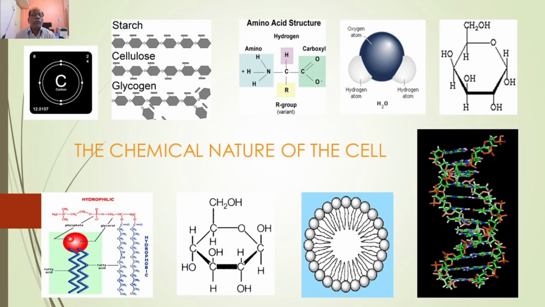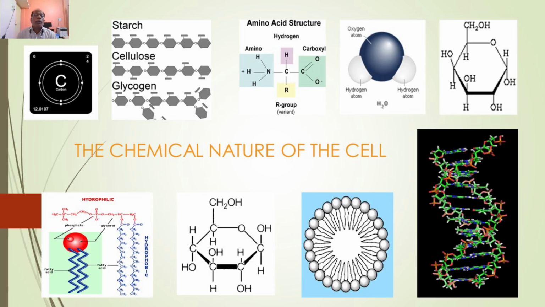Hello students. Last time we explained most of the things regarding the chemical nature of the cell, where the cell is composed of different types of biochemicals such as proteins, fats, carbohydrates, nucleic acids, water.